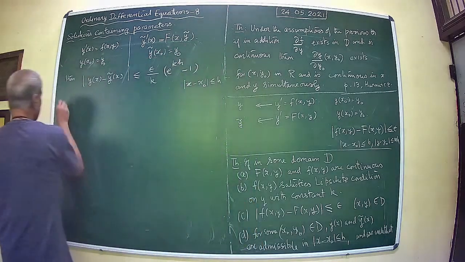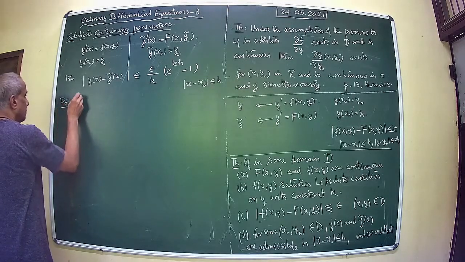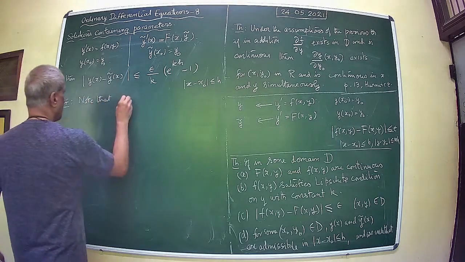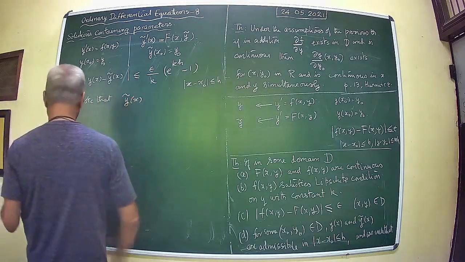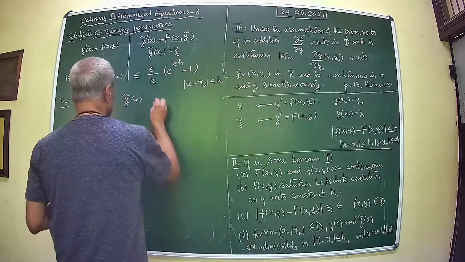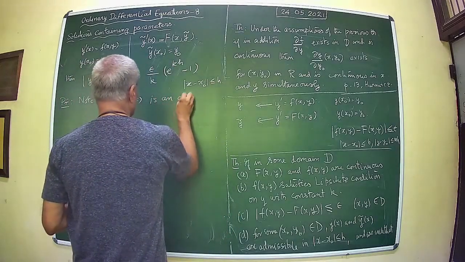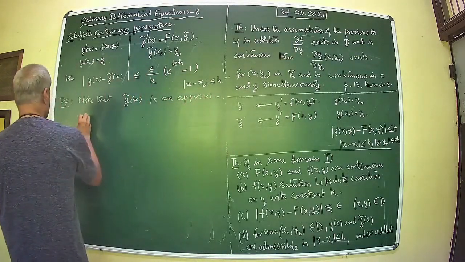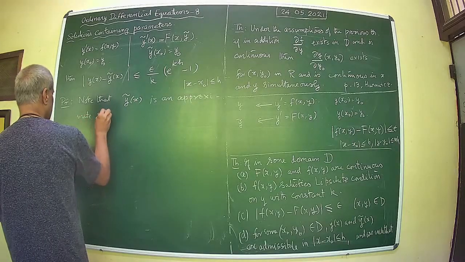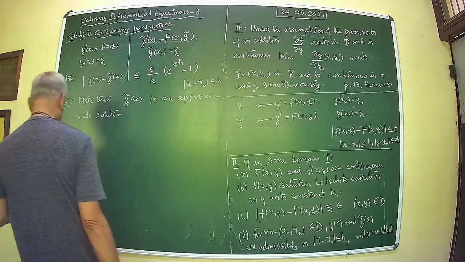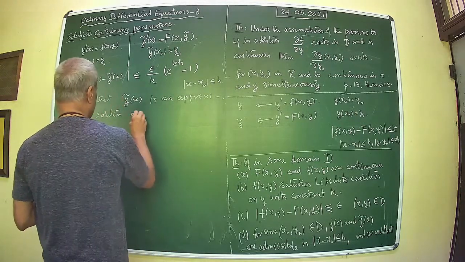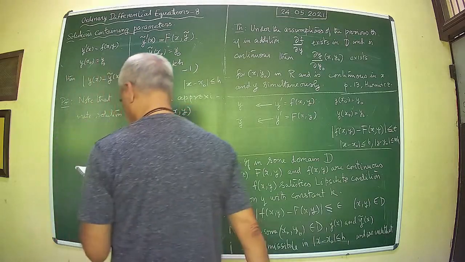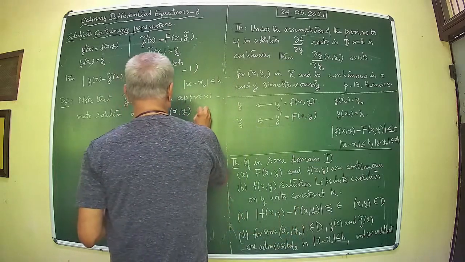So let us prove this. I mean, the proof is very simple. Note that y tilde is an approximate solution with error epsilon.